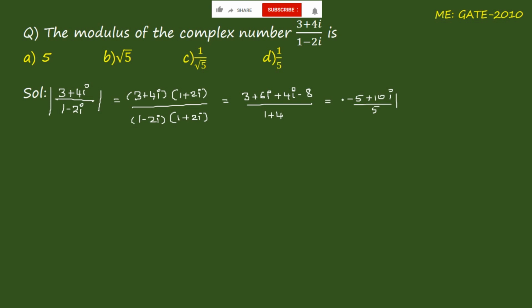We have to find the modulus of this, which becomes the square root of (minus 5 by 5) squared plus (10 by 5) squared, which is the square root of 1 plus 4, giving root 5. So the answer is option B. Come to the next question.